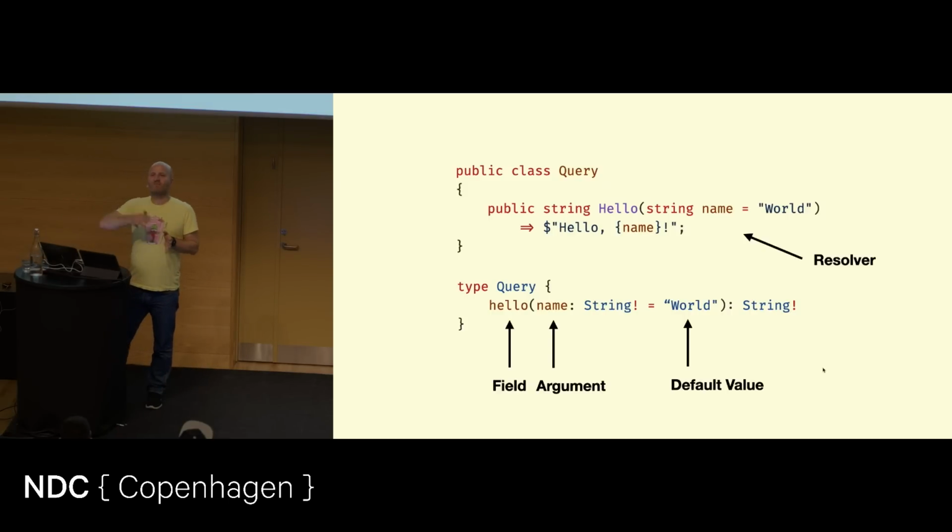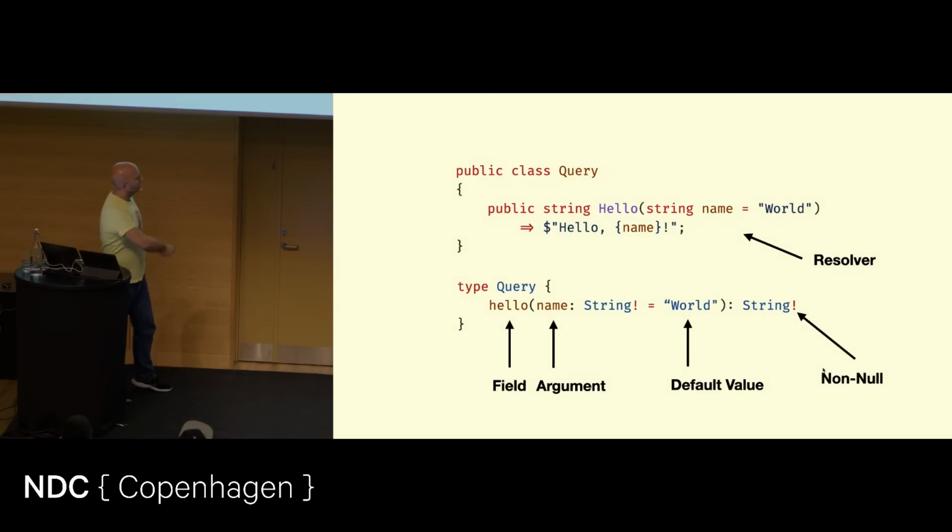We could have object trees as default values that we cannot have in .NET. And at the end here, you see always this bang operator, because in GraphQL we have the reverse. Types are nullable by default. And if we want to make them non-nullable, we apply the bang operator. This is a bit reversed from the .NET way. Like in .NET, we put a question mark at the end to mark it nullable. Okay.